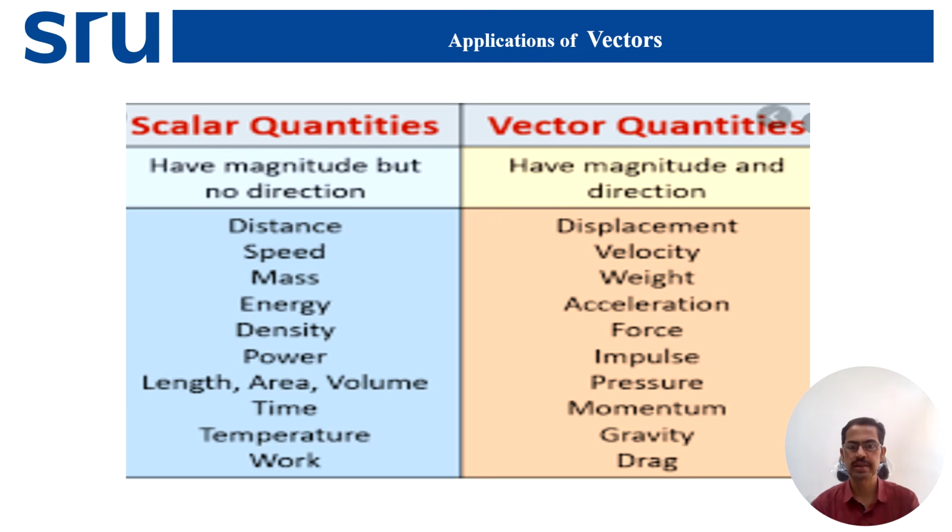Next, vectors: displacement, velocity, weight, acceleration, force, impulse, pressure in the right direction or north side or west side direction, momentum, gravity, and drag. These are vector quantities, having both direction and magnitude. While talking about the source, you must take direction and magnitude. These are some more examples of scalar quantities and vector quantities.